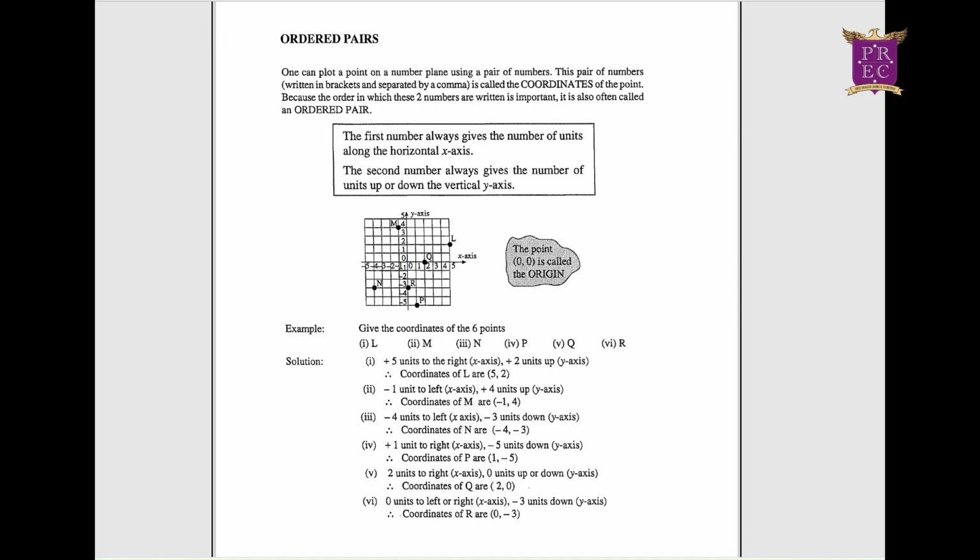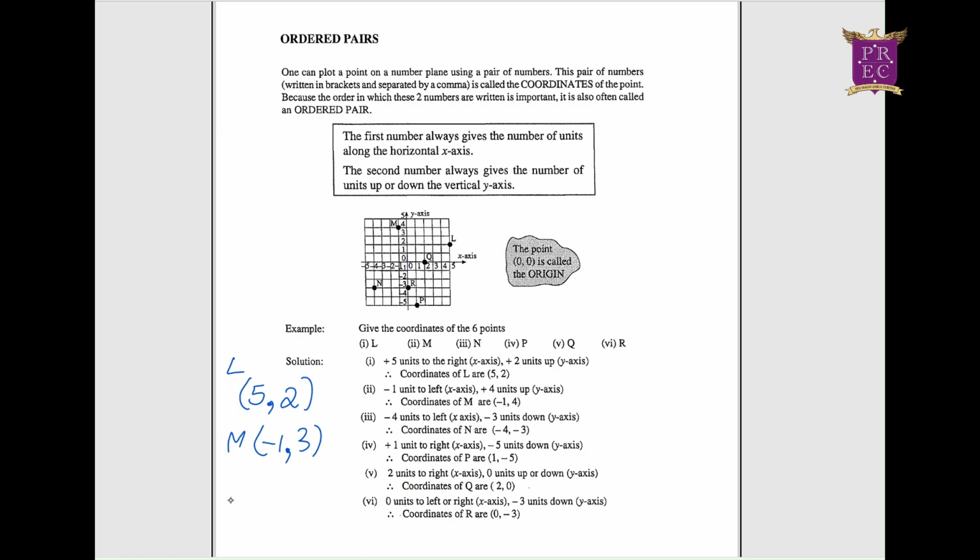So L will be 5 to the right and 2 above, which gives us 5 and 2. Let's do the same for M. M is 1 to the left and 3 above. So if it's 1 to the left, it's -1, and since it's 3 above, it's positive 3.